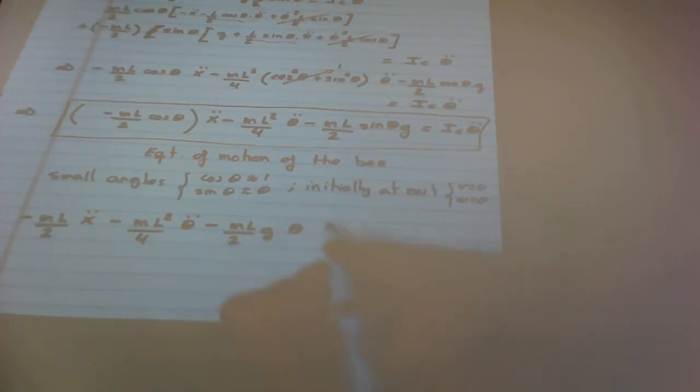So this will give us what? Minus ML over 2 x double dot, minus ML squared over 4 theta double dot, minus ML over 2 g theta, equal to, I mean, we could put everything in function of what is I sub c? 1/12 ML squared, 1/12 ML squared theta double dot.